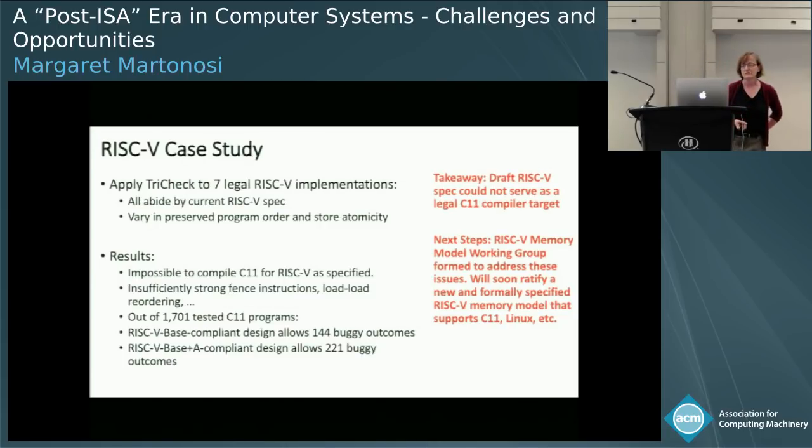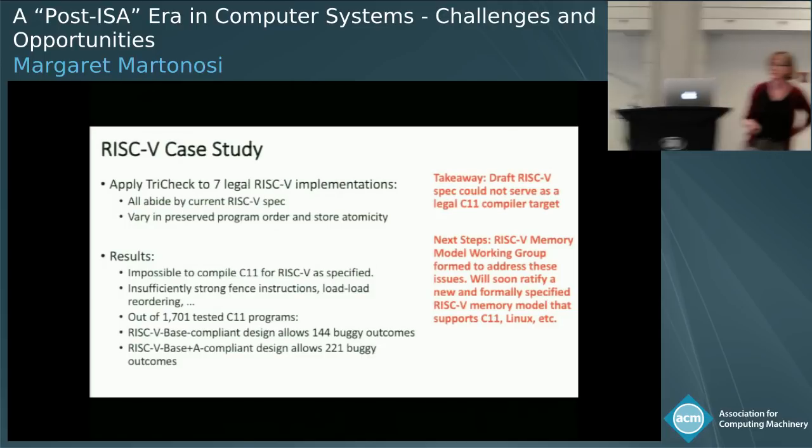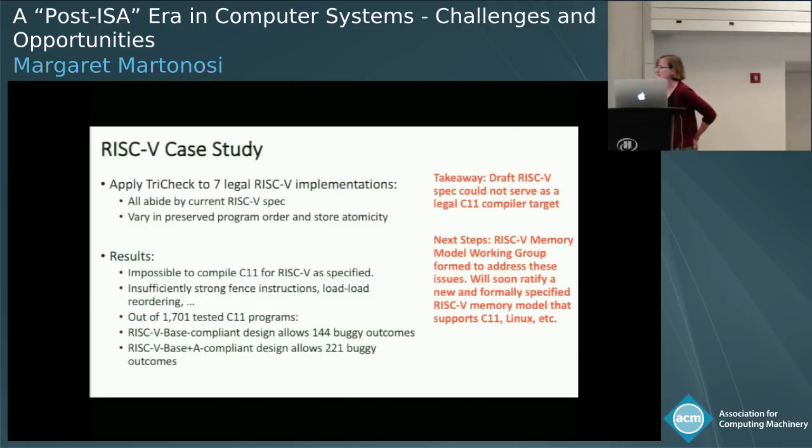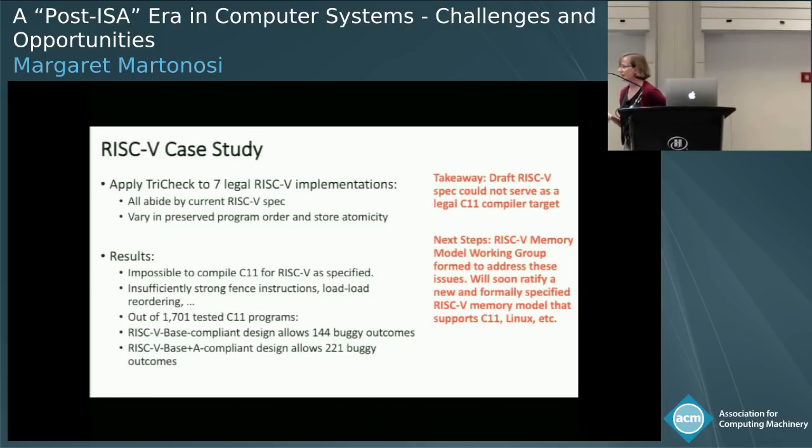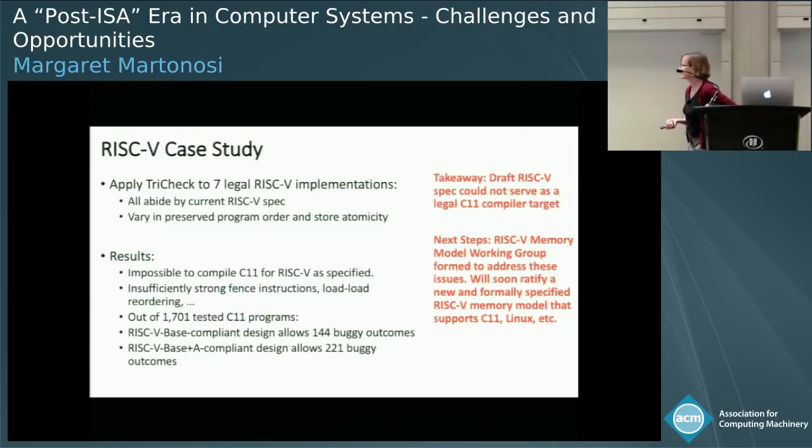The thing that we found was that the RISC-V spec, first of all, wasn't very clear in some places. It was ambiguous as a spec. But even when you made reasonable choices about it, you found that it didn't have a sufficiently strong fence instruction, for example, to maintain the load-to-load ordering that the ARM example I showed you a few slides ago had.